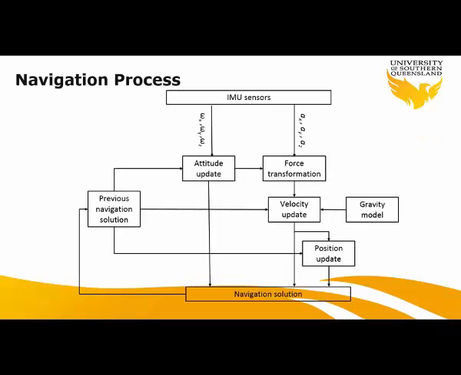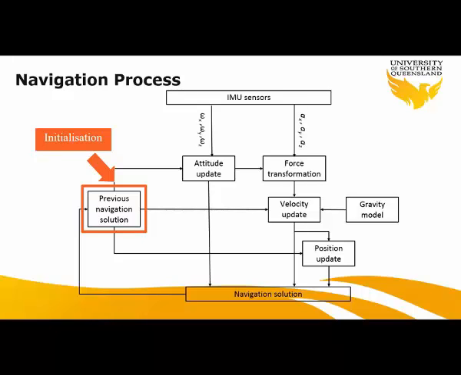Now let's have a look at how the navigation process works. First of all, we need to have some sensors, which are gyros and accelerometers. So we have IMU sensors sitting on the three orthogonal axes of the body frame. Then we need to have the initial position.